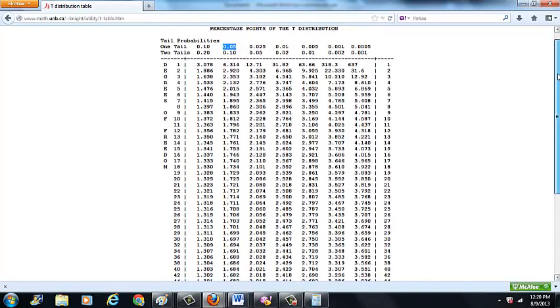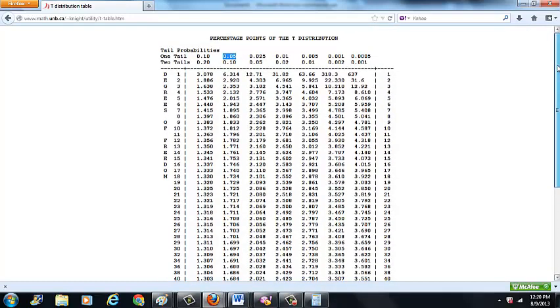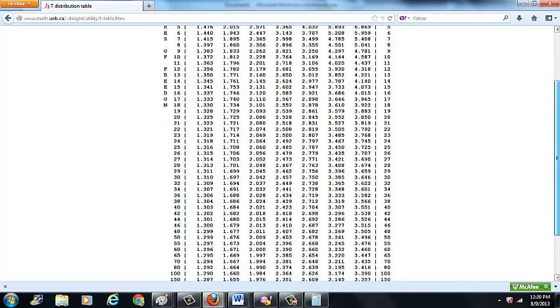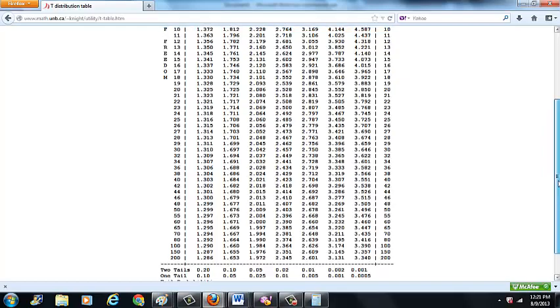It doesn't, so we need to go down under where it says degrees of freedom and find out what our degrees of freedom are. You're actually not supposed to go up to a higher number than what you have. So if we have 99 degrees of freedom, we're really not supposed to use 100, but we should use 80.